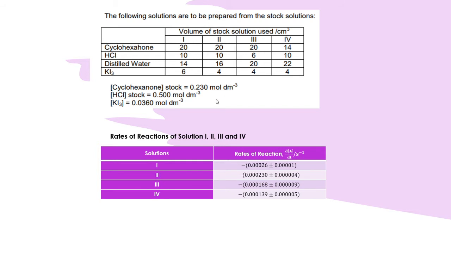Now, you're given data, and it is found by measuring the absorbance versus time that trial 1 gives a rate of reaction of minus 0.00026, and this one gives you 0.000260, and this one gives you 0.000230.